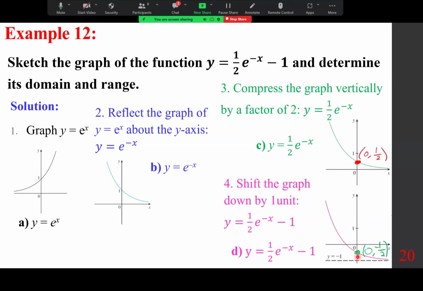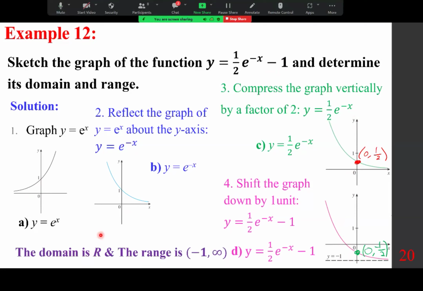So the range is, from the horizontal asymptote, from -1 to infinity. Of course, -1 is not included. Domain hasn't changed, all real numbers. You can write it in this format or in this interval format, negative to positive infinity means the same thing, but the range has changed.